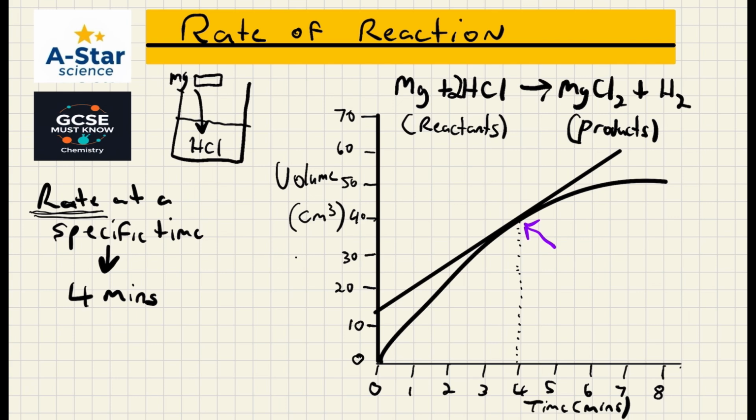And now using that tangent line, we can then do a triangle. I'm doing this freehand. And you're going to find the gradient, which is going to be the rise over the run.